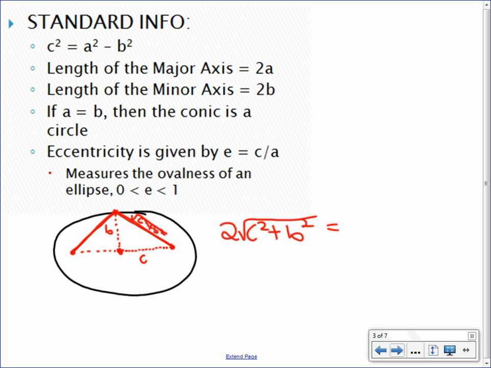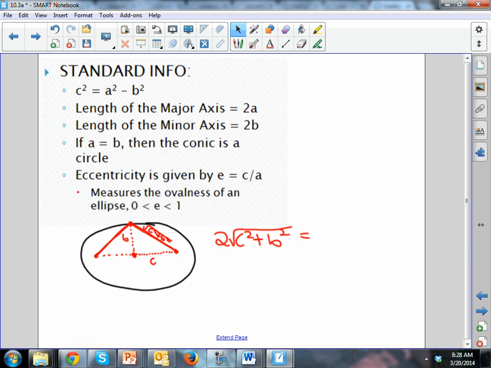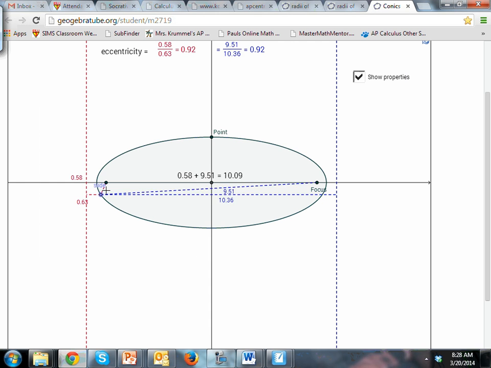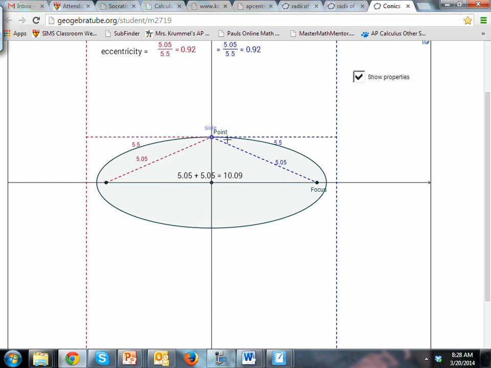Do you know why? I want to go back to my picture a minute, adding the red and the blue.